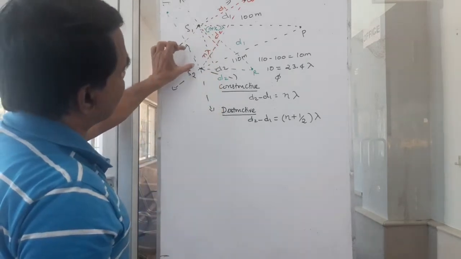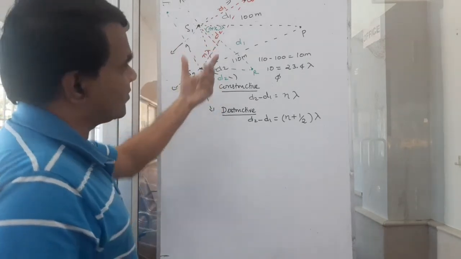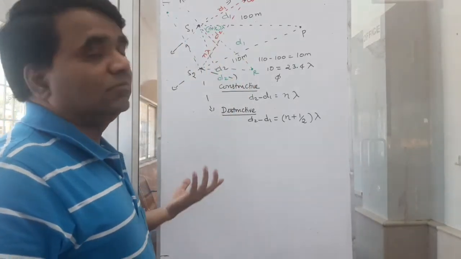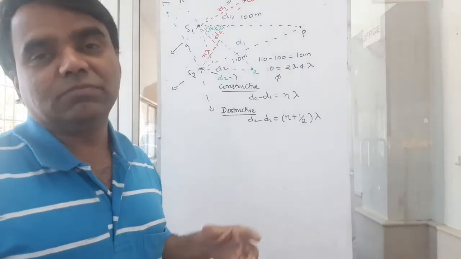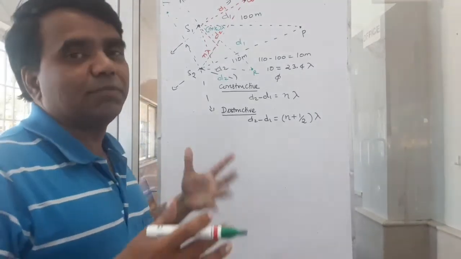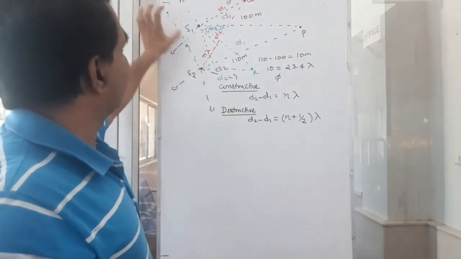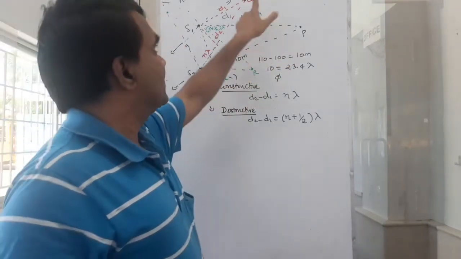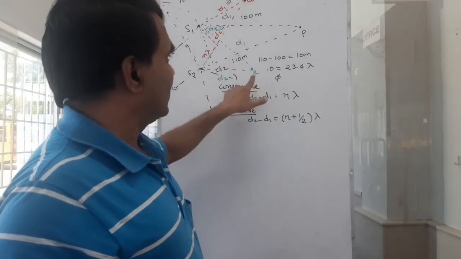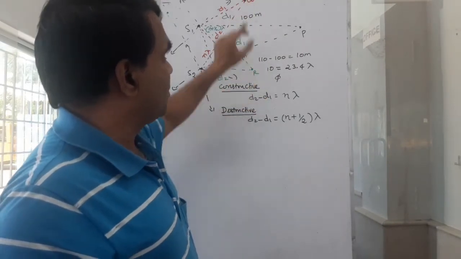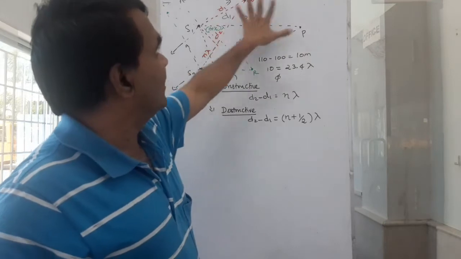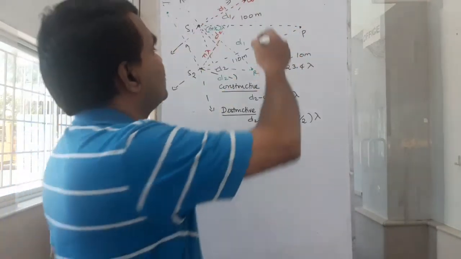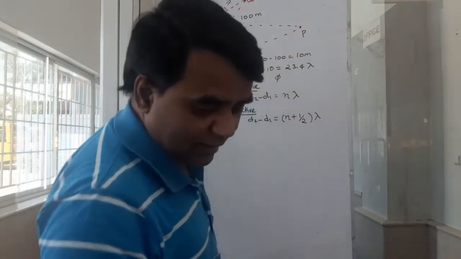Depending on whether it is n lambda or n plus half lambda, or some 29.3 lambda, my brightness could change here. So this is the brightest part, and this is the darkest part, and this point would be somewhere in between, and this point would be somewhere in between, and there would be some other point here again.